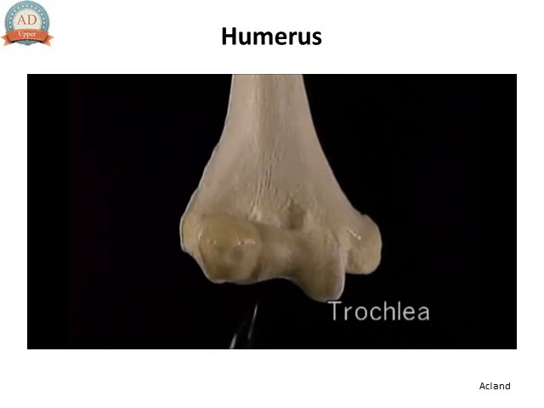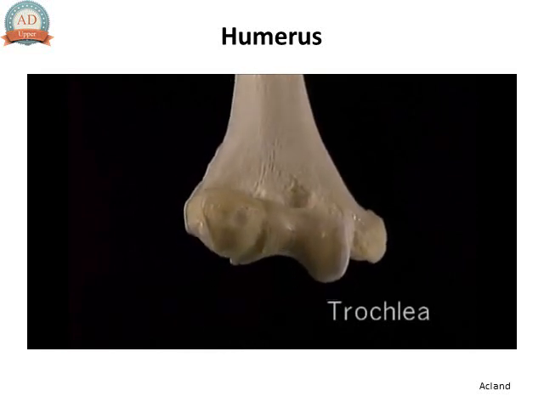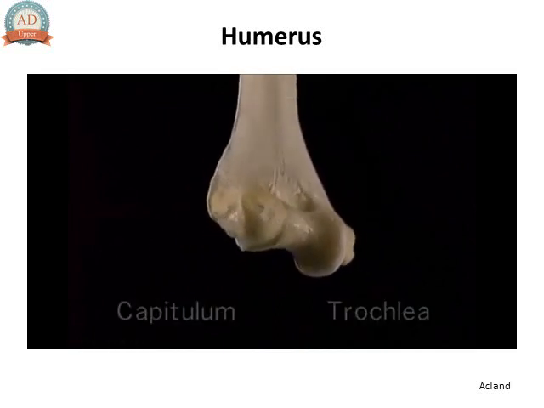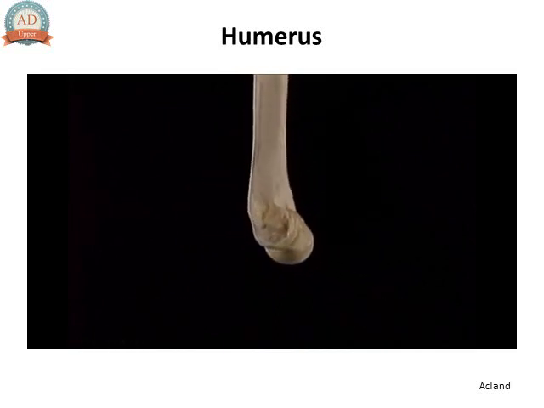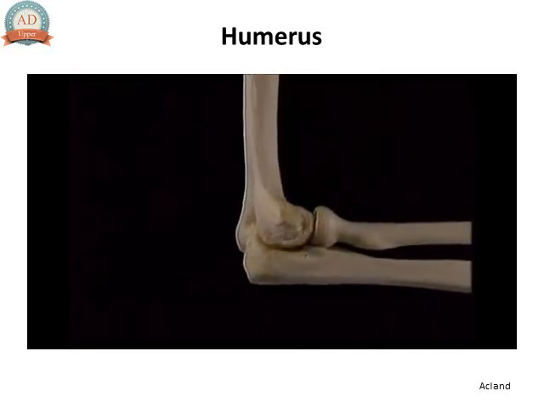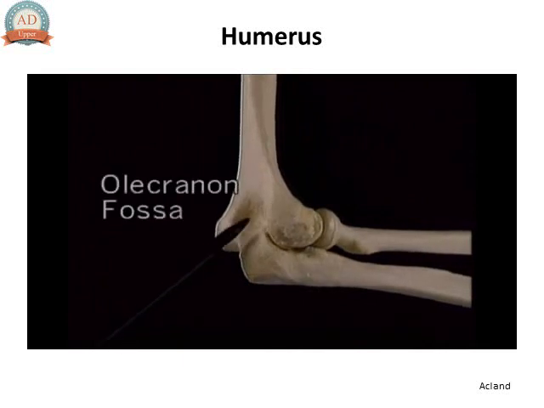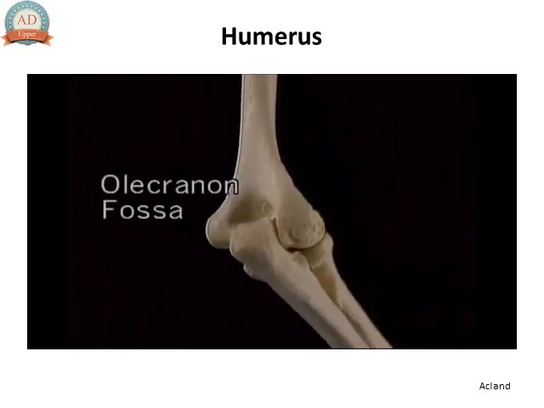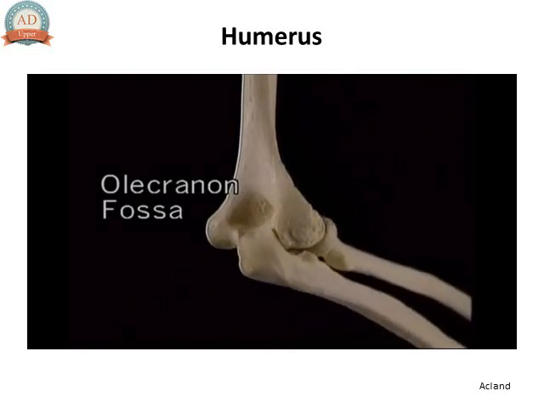The pulley-like trochlea articulates with the ulna. The rounded capitulum articulates with the radius. Now we'll add the radius and the ulna to the picture. The big hollow on the back of the humerus, the olecranon fossa, accommodates the end of the ulna, the olecranon, in full extension.